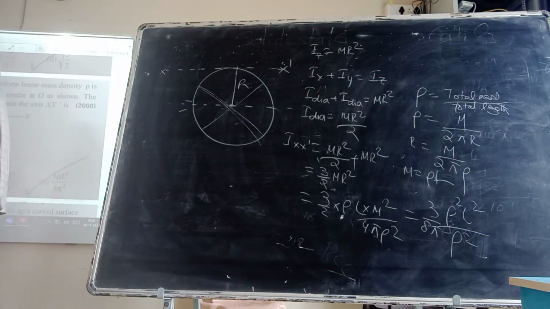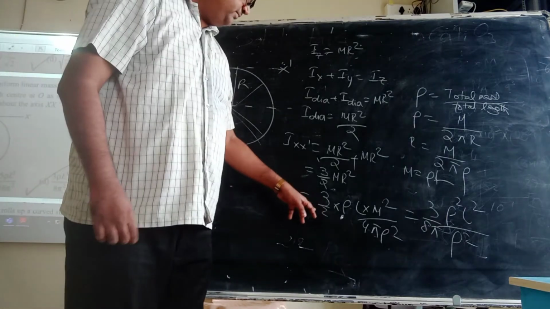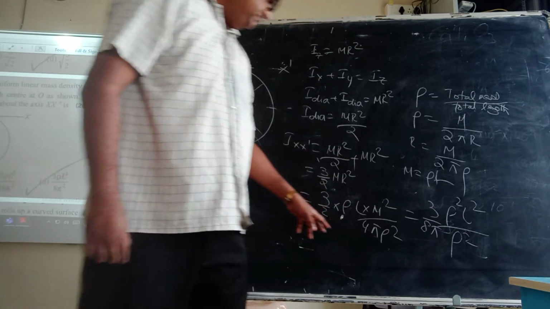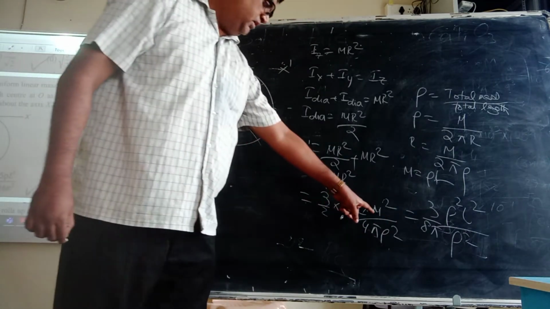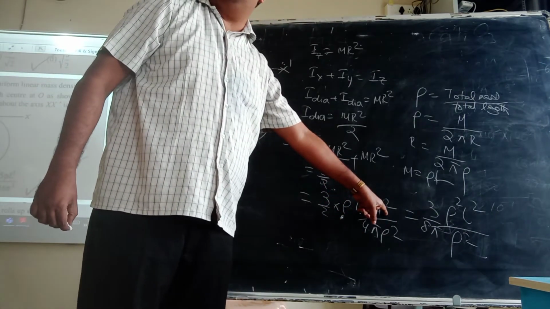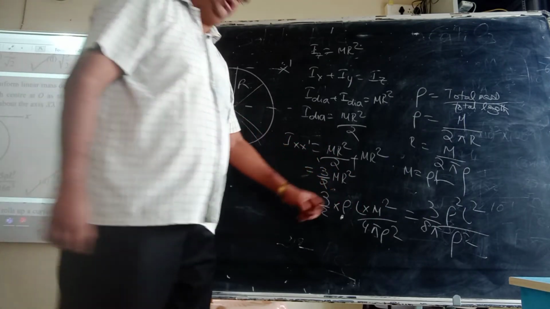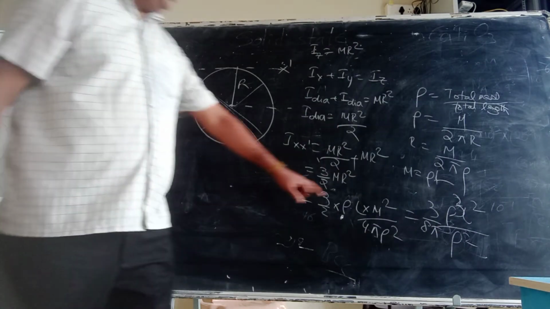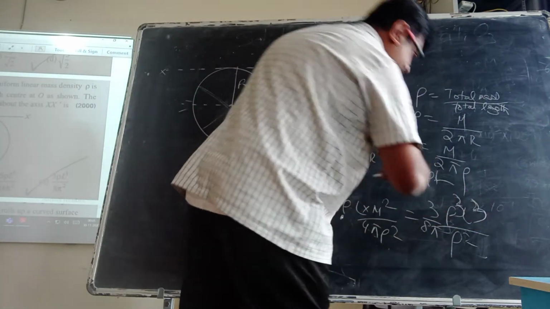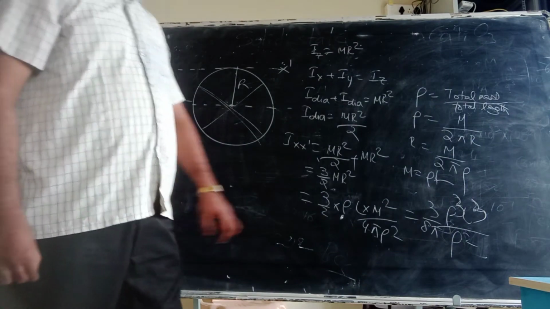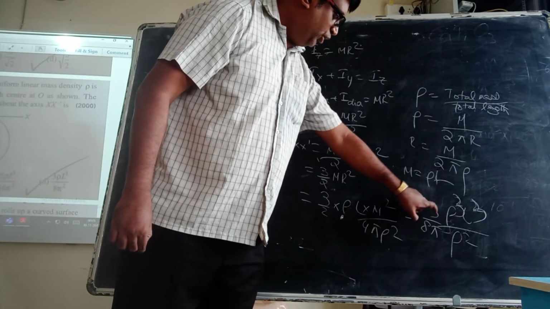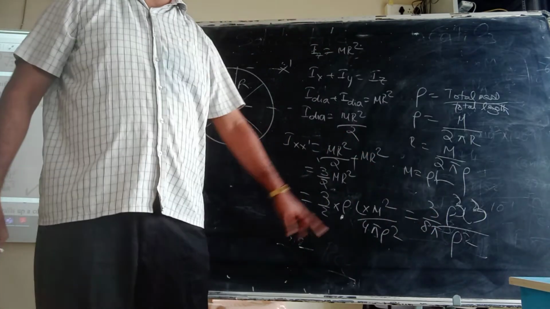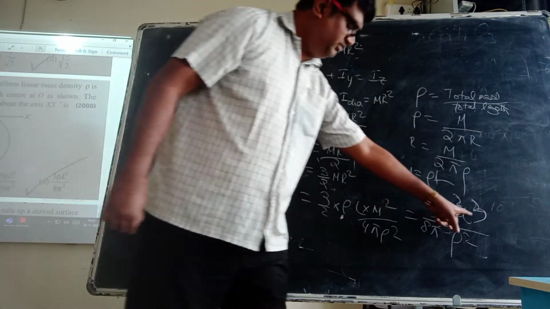Is the calculation correct? Did I miss anything? You will get rho cube, huh? Acha, here you are getting rho square, and here another rho is there. So I will get rho cube. L into L square, you will get L cube. Right? So you are getting 3 upon 8 pi rho L cube. Correct now?